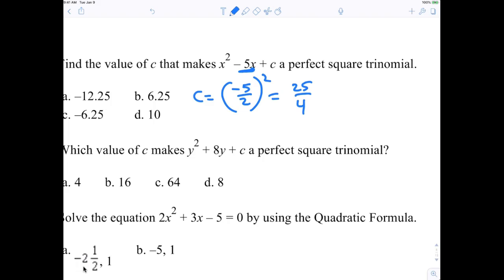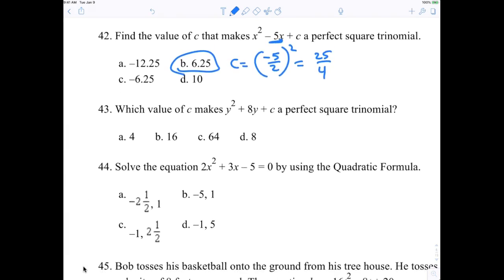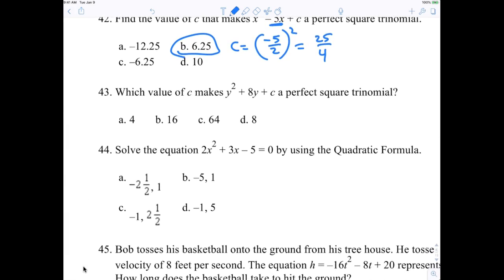And then 25 divided by 4 is what? 6.25. All right, so if you've forgotten that now, you should know how to do 43. So what? Somebody tell me the correct answer for 43. 16. Yeah, 16, right? Because 8 divided by 2 squared is 16.